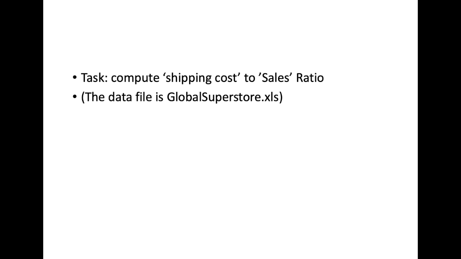So for example, if we create a calculated field that is named ratio, and then we drag it to the column or row, it would just show the aggregated ratio, which would be the sum of our ratio.